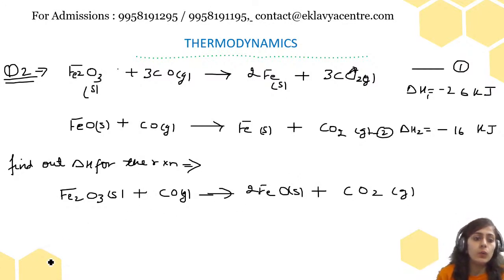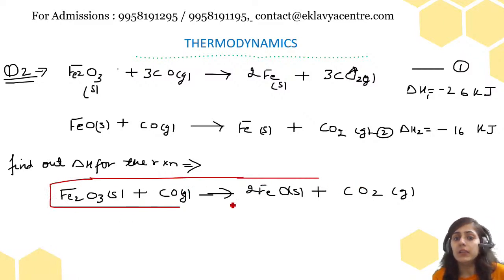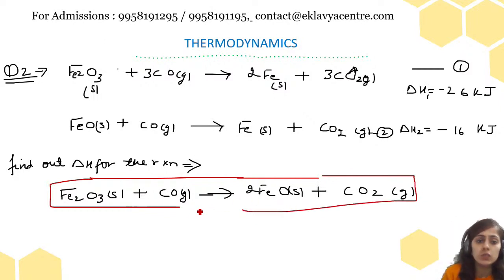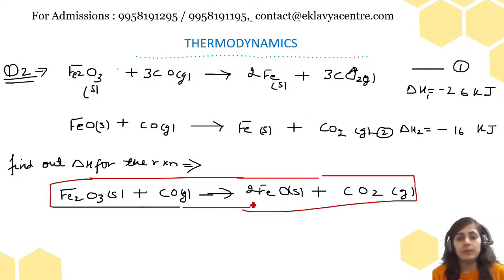So now, according to Hess law, what we can do, we need this equation as our resultant. So we can multiply, divide, add or subtract equations 1 and 2 in such a way that the net result is this, right?